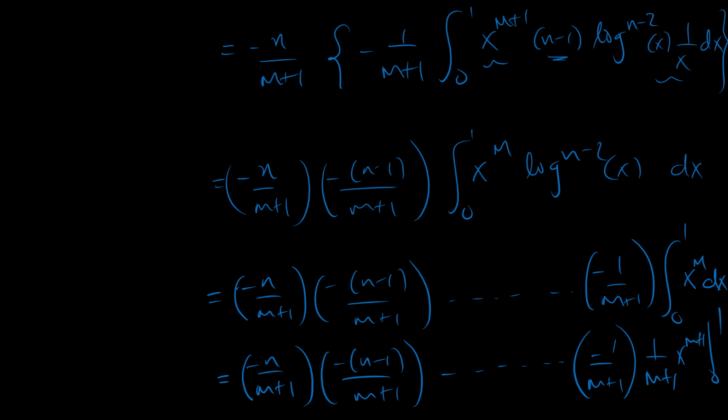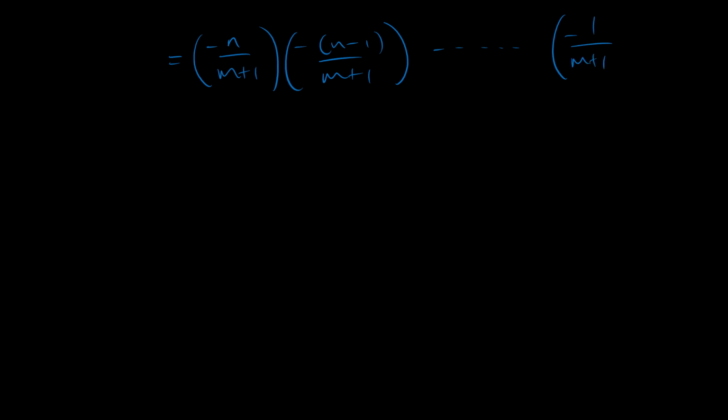So essentially what we have is negative n over m plus 1, negative n minus 1 over m plus 1, all the way up to negative 1 over m plus 1, and then we have 1 over m plus 1. And so we can see that we have negative 1 to the power n, and we have n factorial, and we have m plus 1 to the power n plus 1.